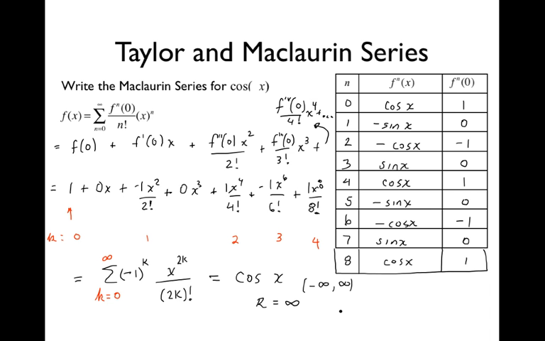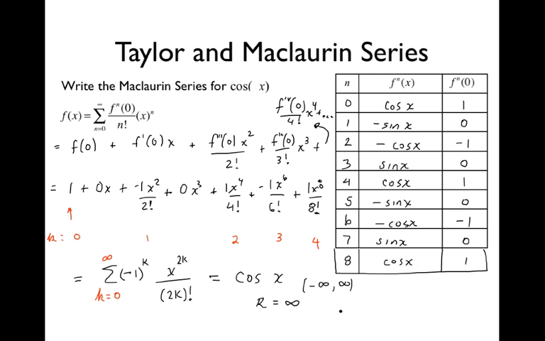Now this is centered at 0, right? So for just a few terms of the partial sum, it's going to be accurate close to 0, and then as you add more and more terms, it's going to converge to cosine x, starting from the middle and moving its way out. We saw that last time with e to the x.